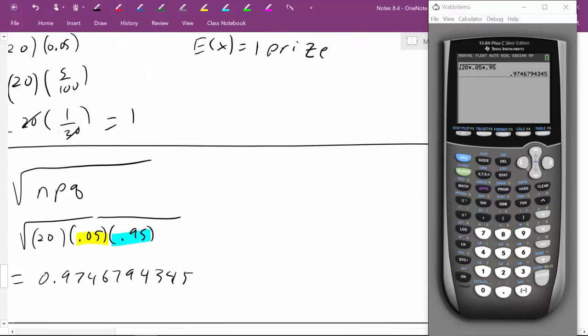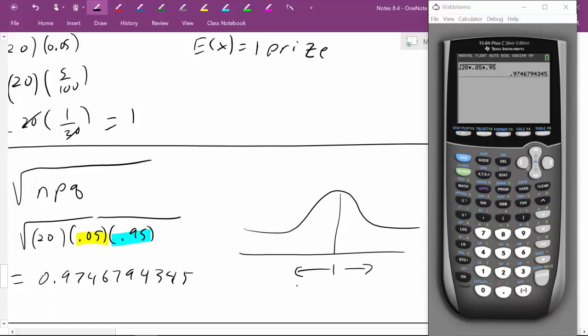Okay, and what does that mean to me? What is that saying? Well, if our expected value is 1, then if we go up 1 standard deviation or down 1 standard deviation, we're basically going to be at 0.03 down here, and then up will be 1.97ish.